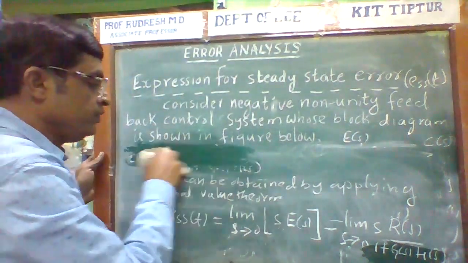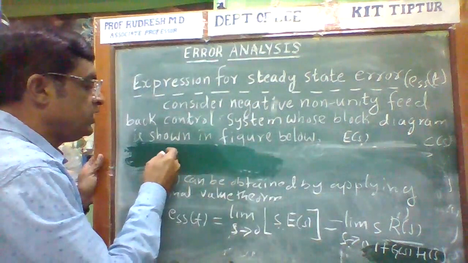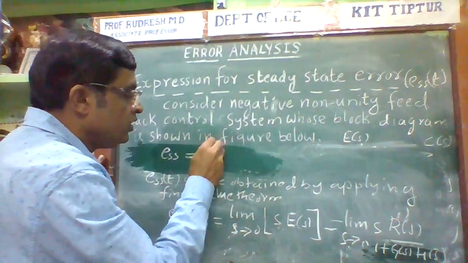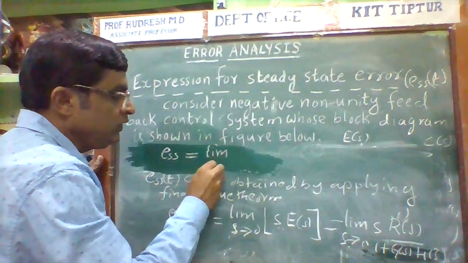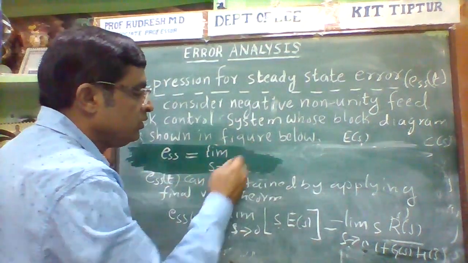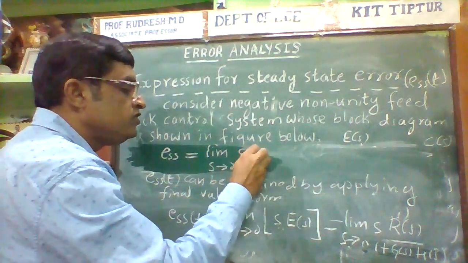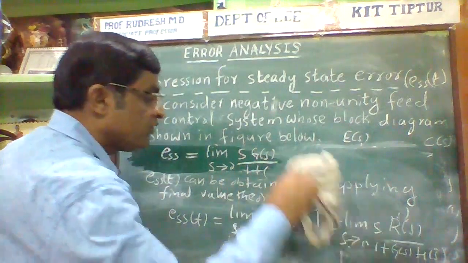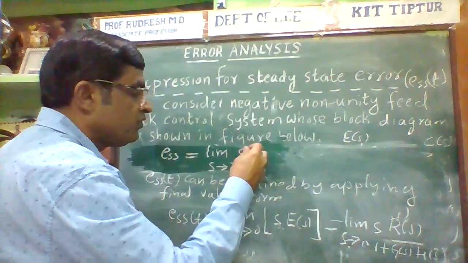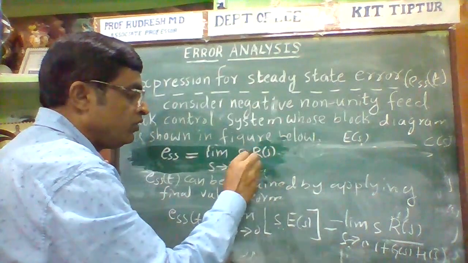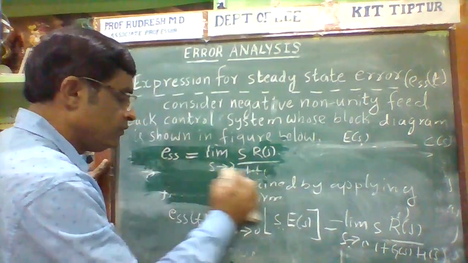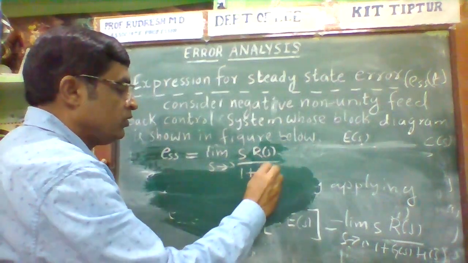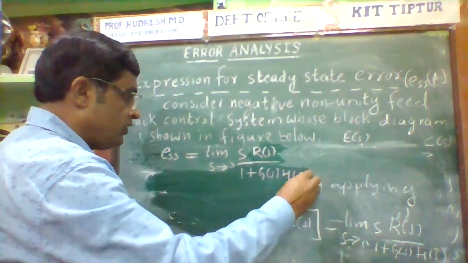The final expression for the steady state error is e_ss equal to limit S tends to 0 of S into R(S) divided by 1 plus G(S) into H(S).